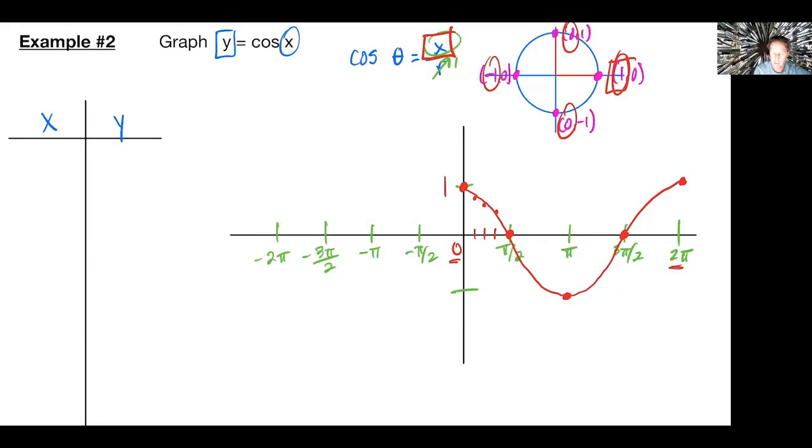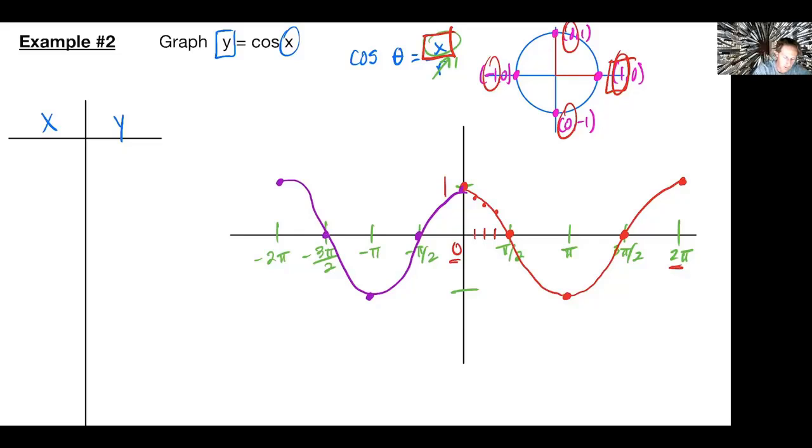And don't forget, not only would we have that to the right, we would also have the 1, 0, negative 1, 0, and 1 if we graphed it to the left, the negative direction, starting downwards. All right, so again, hopefully you can see why these are called the sine curve or the cosine curve.